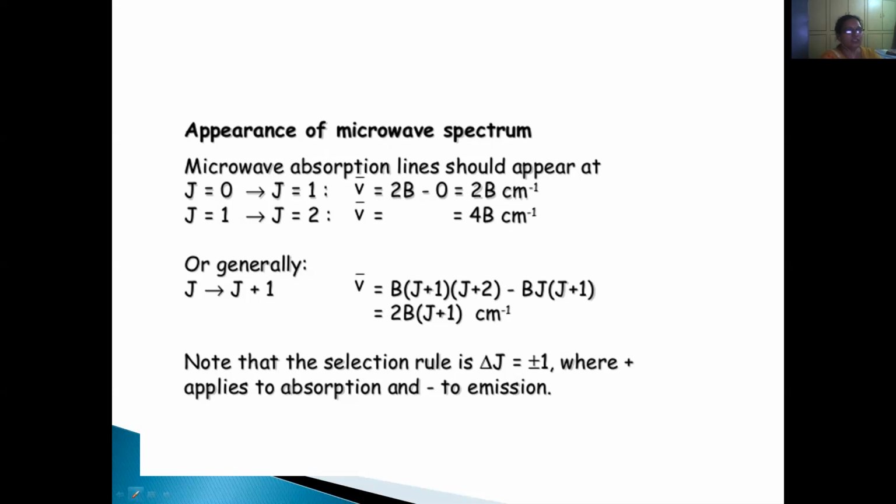The selection rule for this is delta J equal to plus or minus 1, where plus applies to absorption and minus applies to emission. Delta J equal to plus or minus 1 means it can jump only one level.